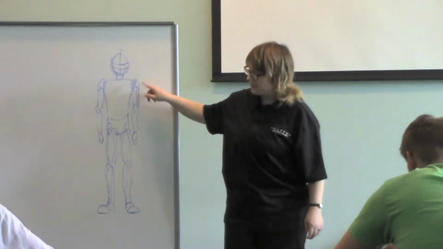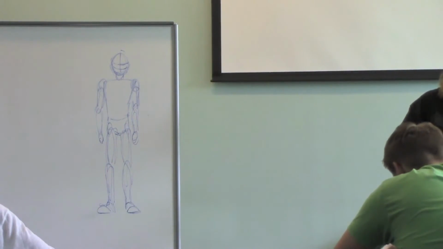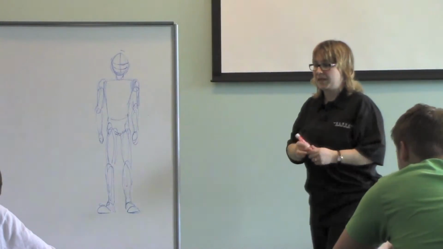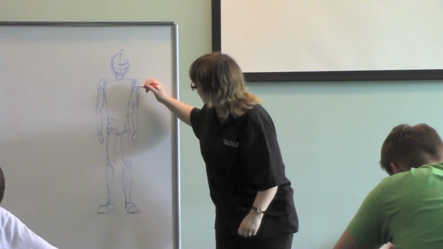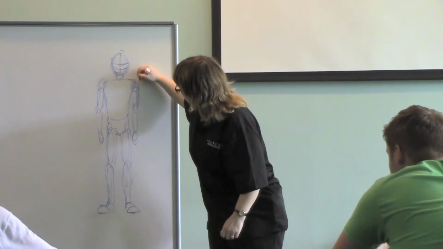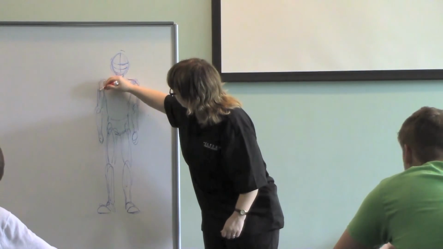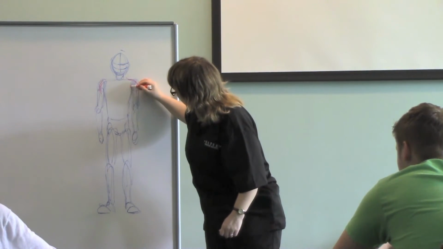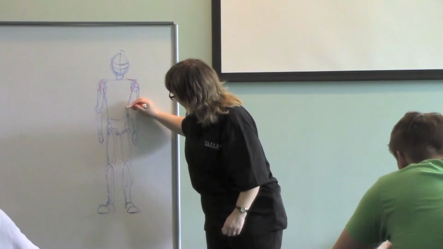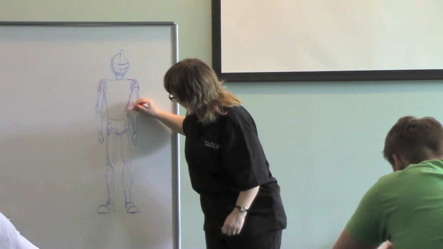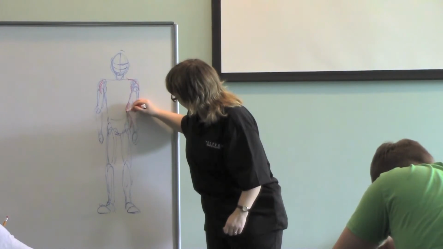That's a very good question. The character that I have up here is male, but the difference between drawing a man and a woman typically, I'm going to draw the more feminine outline with the red pen, is that usually a woman's shoulders are not going to be as broad as a man's shoulders are. You're also going to have it a little bit tapered in, and you're definitely going to have more hips.